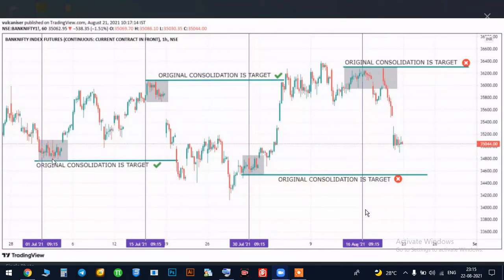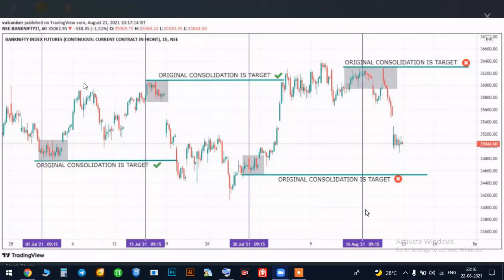So what is happening here is that big players are making fresh positions from 1 July to push the market up. Now the market goes up, comes again, taking orders from here, goes again. Now what happened here? This is 15 July. Now after 15 July, when this liquidity is over, they have taken the liquidity.